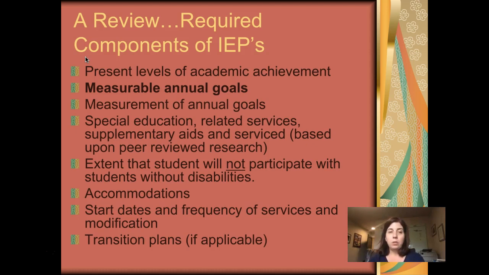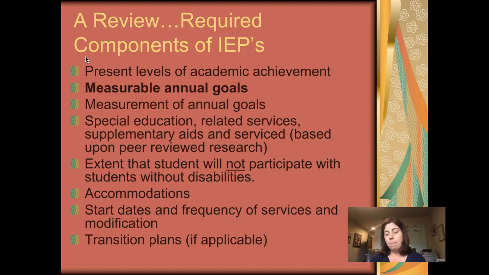Once those goals are created, then we can talk about the student's needs in relation to special education, related services, and supplementary aids and services, all of which is obviously based on peer-reviewed research as much as possible. The IEP is also, as we talked about, discussing the extent to which the student will not participate with students without disabilities.